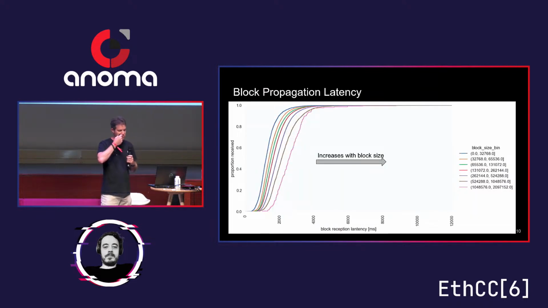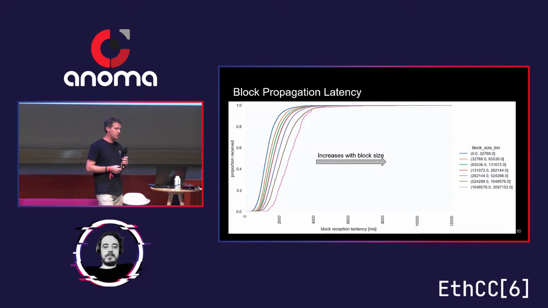So we did some work to actually correlate this data with block size, and to see how the propagation latency, the diffusion of the block in the network, depends on the block size. For this, we took data from there and from other sources, and we came to this. How do you read such a figure? Let's look at the blue curve. The blue curve is showing small blocks, between 0 and 32 kilobytes.